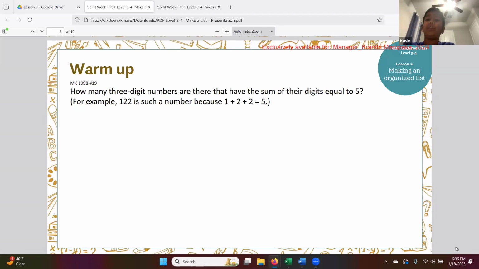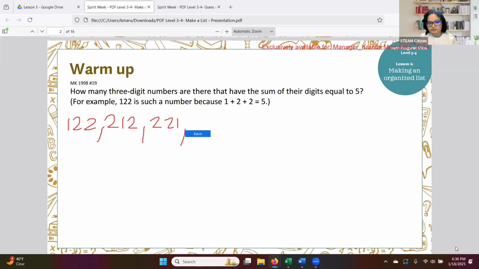So first I just listed down 122, and then I just swapped the 2 into 1, and then again I just swapped these two, so 2, 2, 1. And because there's two twos, I can't do any more than that. So these are all the combinations to make 5.